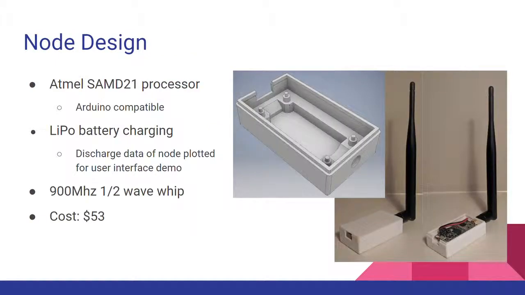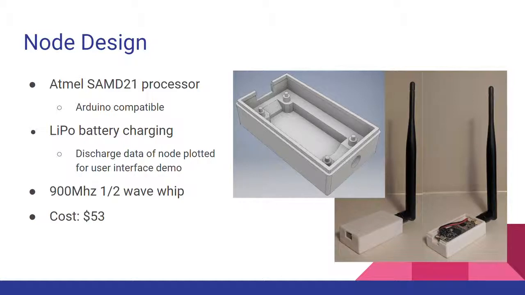So for the node, what I've done is I've used an off-the-shelf Atmel processor that is spun up on a custom circuit board by Adafruit with the radio module already on it. So it's very handy. It has built-in micro USB, built-in Molex connector for a battery, a built-in LiPo battery charger with current regulating capabilities and status indication LEDs.